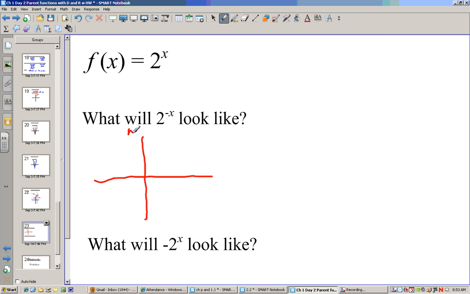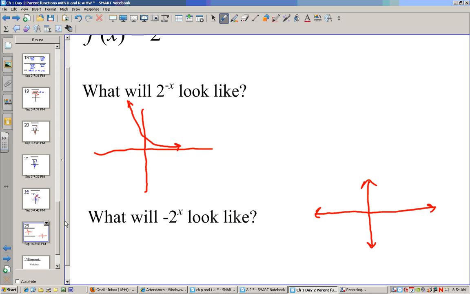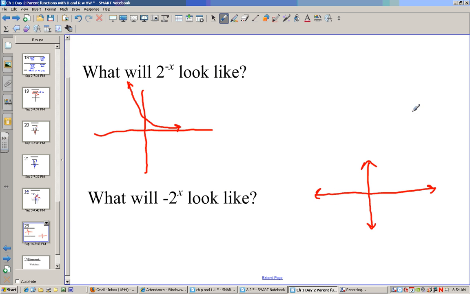So this one is going to look like this, where negative 2 to the x is going to be a reflection over the x-axis. So instead of going up like this, we're going to go down like that. So this is that function, and this one is that one.